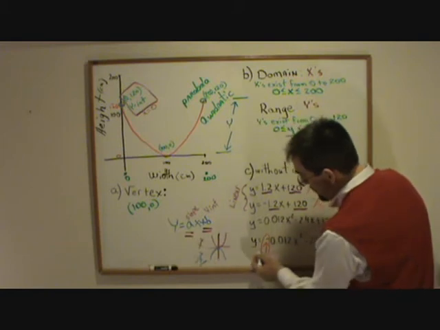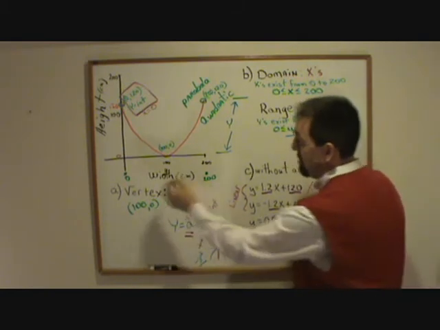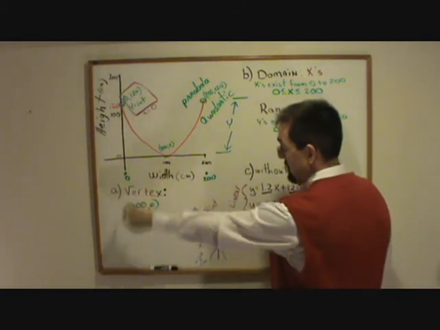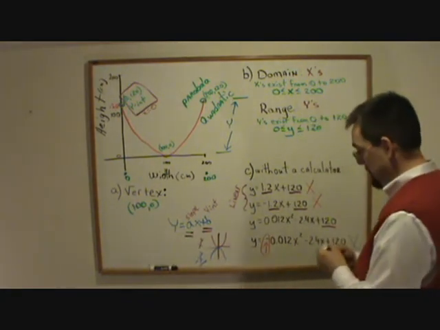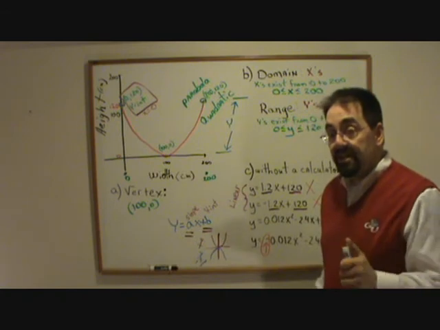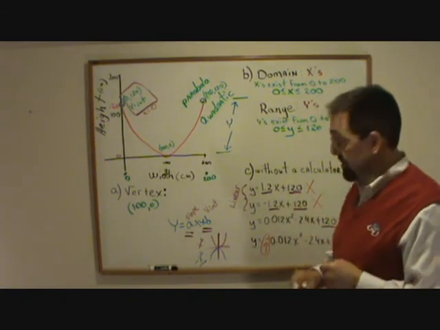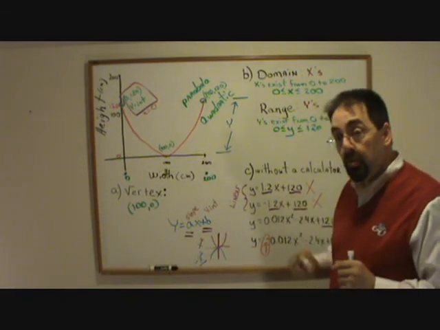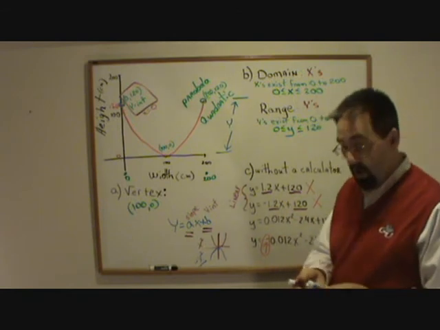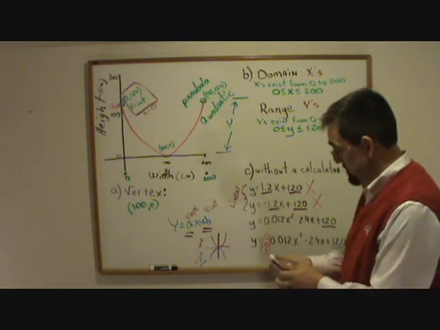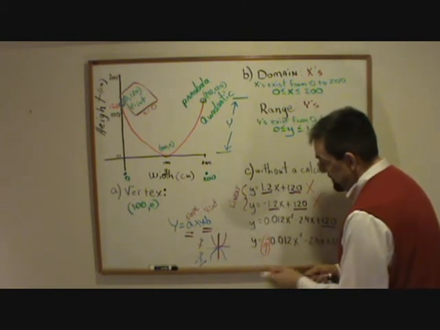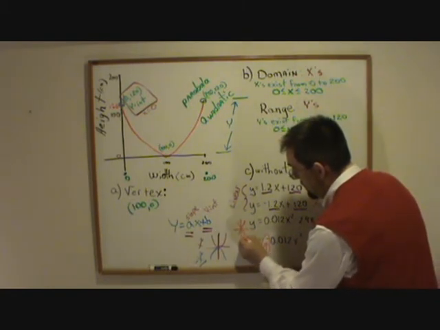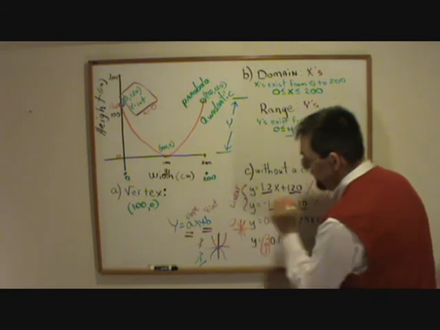So minus x squared would open this down. So it can't be that one. We'll put an x through that. I hope you can see that even if we don't have a calculator, many times we could actually go through and solve and find the answer. I'm going to put a star right by the third choice here, because this is the one we want, the smiley face right here.